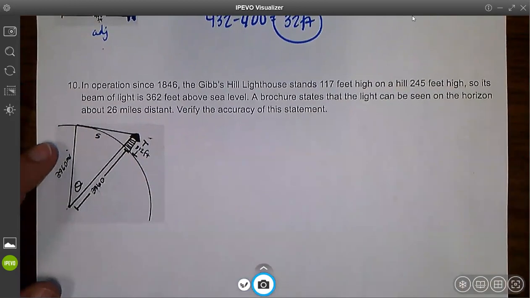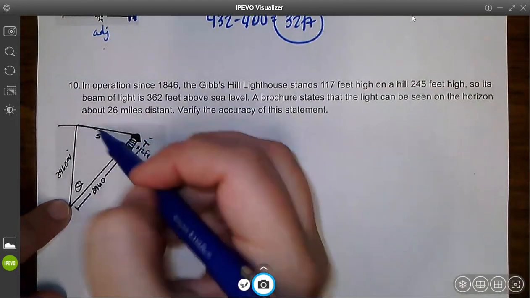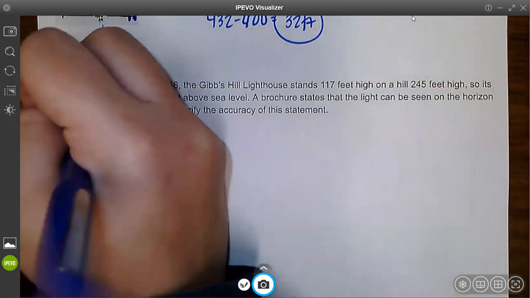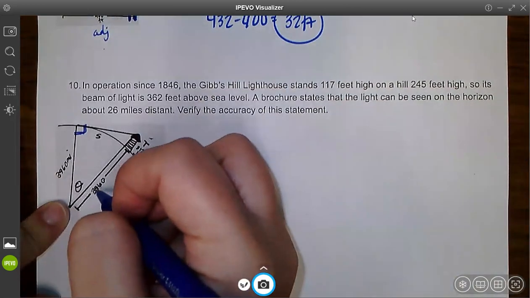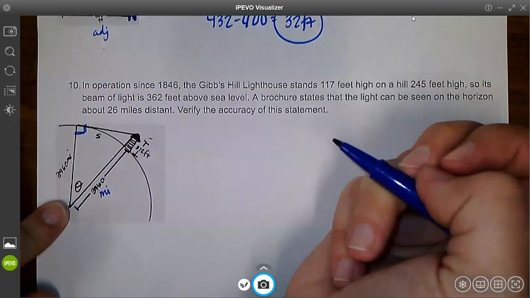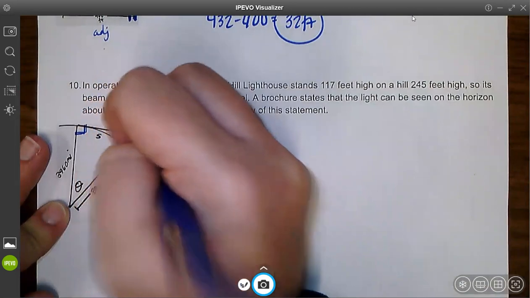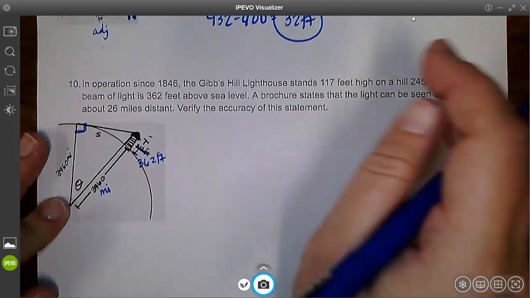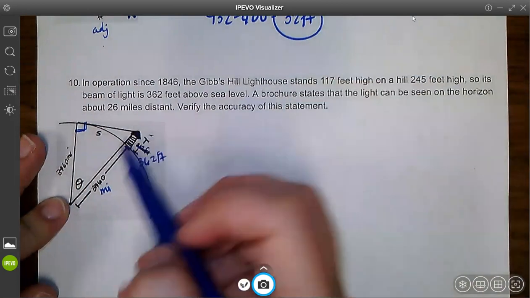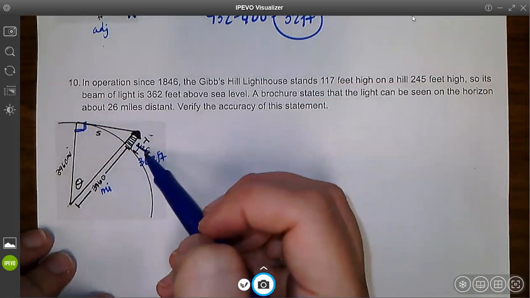So we are given that the radius of the Earth here, to get our right triangle, which is what this one is, is 3,960 miles. And that this one is 362 feet. So for this hypotenuse here, we need to convert this into miles or feet.